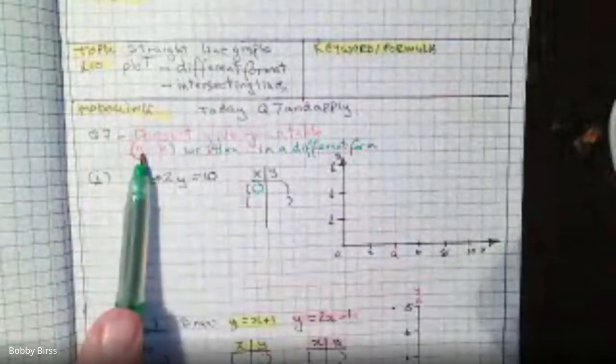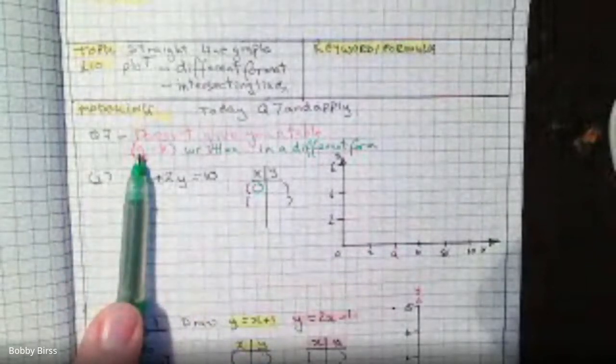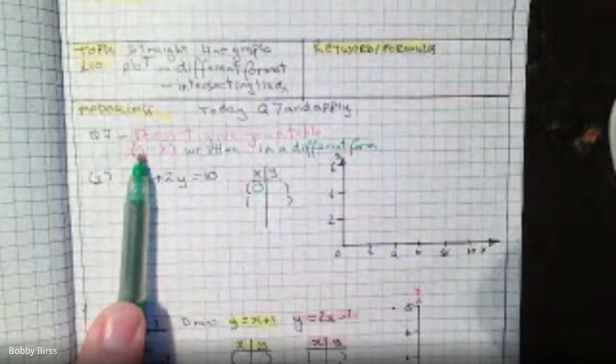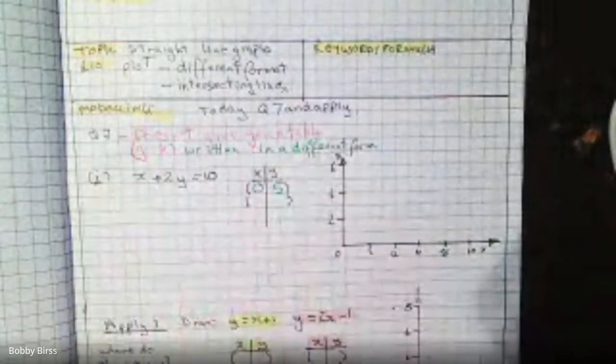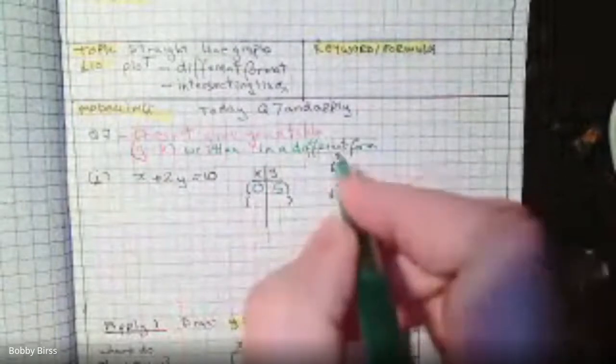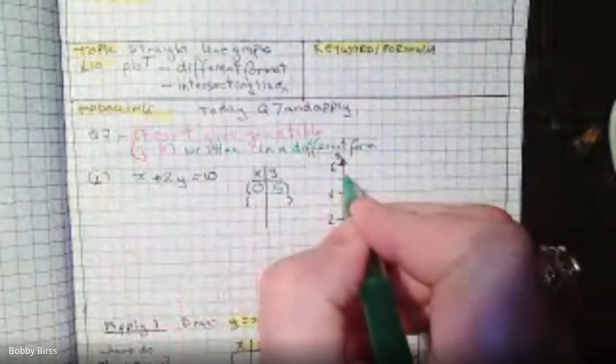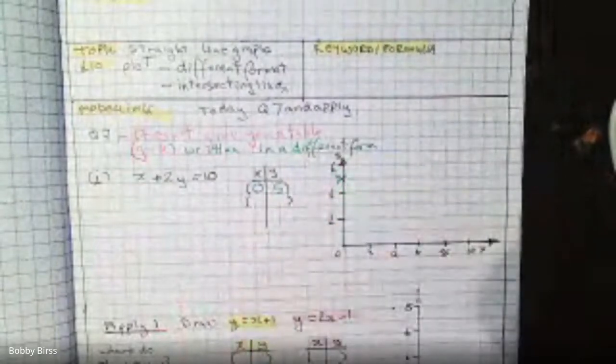If x is 0, what could y be? Well, if x is 0, it disappears. So I've now got a simple equation, 2y equals 10. If 2 y's are 10, y must be 5. There's 1 point. So I know it cuts 0 along and 5 up. When x is 0, y is 5.